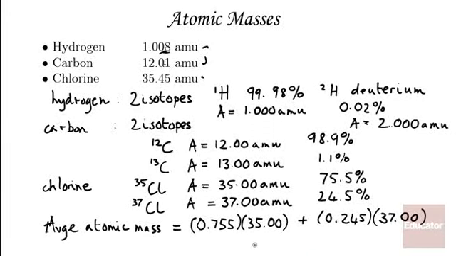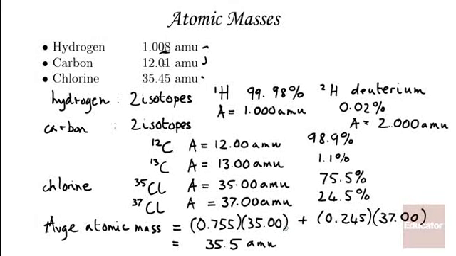And if you take the average of those two, you will find it comes out to be, I've only rounded it off to 3 digits, 35.5 AMU, which is just what you will find in your periodic table or your table of atomic masses.